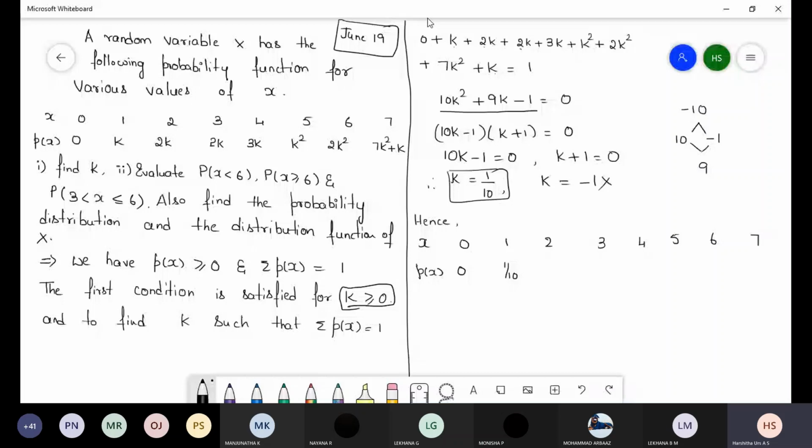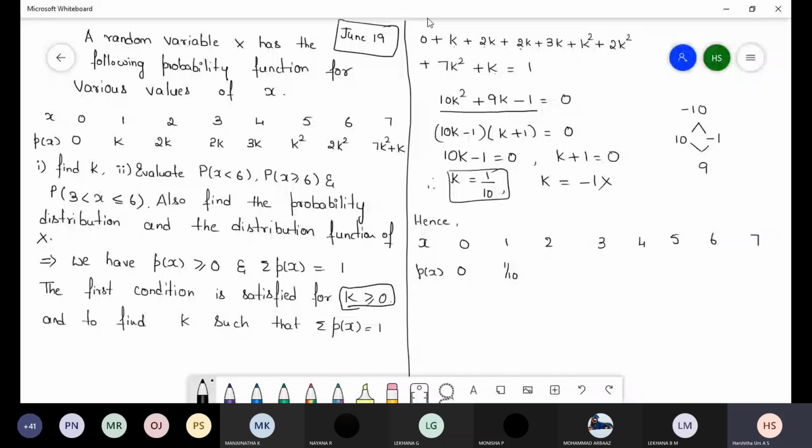So LCM is 100, 7 plus 10. So we get 17 by 100. Now let us come back for the first term. Already we found k value, that is k is equal to 1 by 10. This part is over.